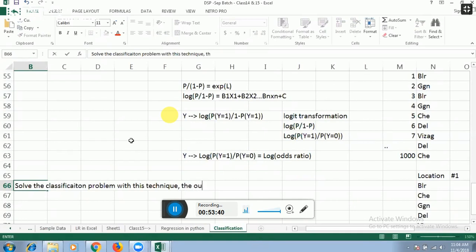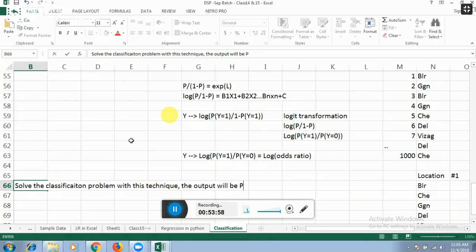The output will be P, because that is your best fit line, not the linear equation, right? My output is my sigmoid curve. That is my best fit line. So this is what you are going to get as part of the output phase.